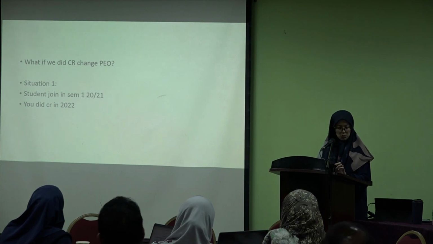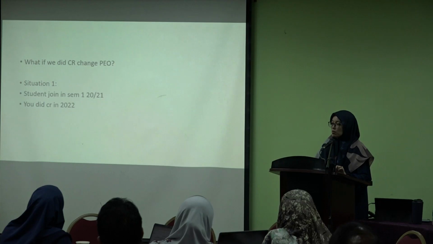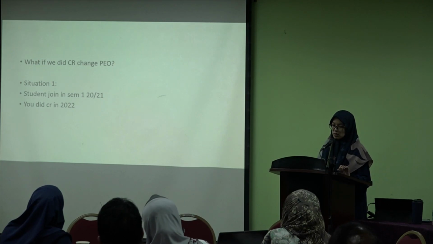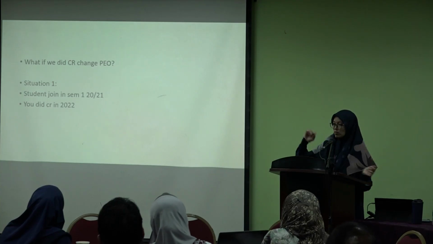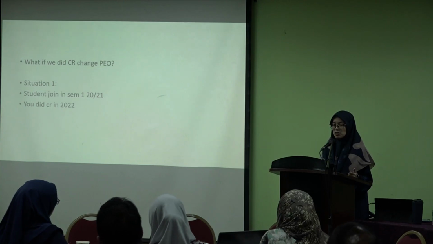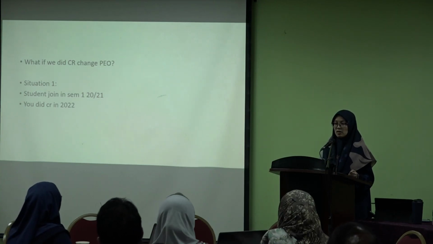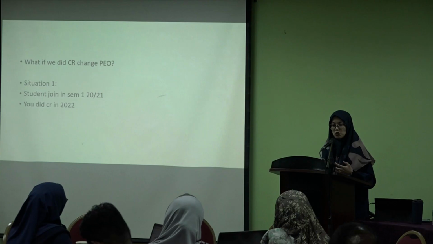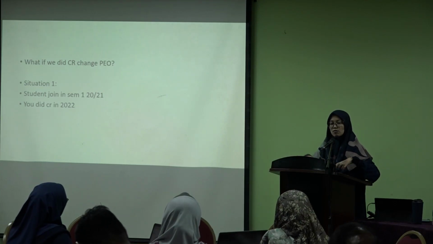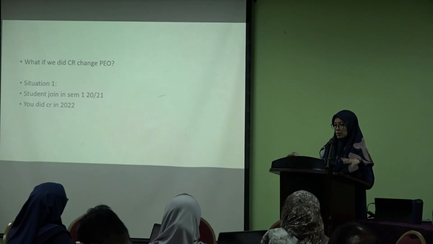Now the question is, which PEO should we use? The previous one. Correct. We cannot use the new one. Alright, so what does it mean? It means you also have to have 2 separate sets of performance indicator for separate sets of PEO. Okay?